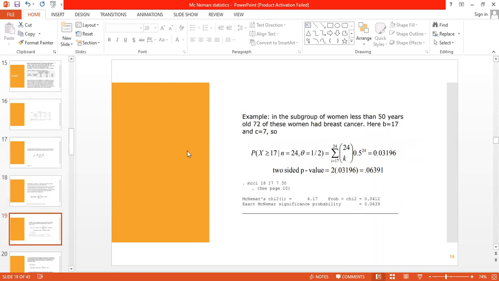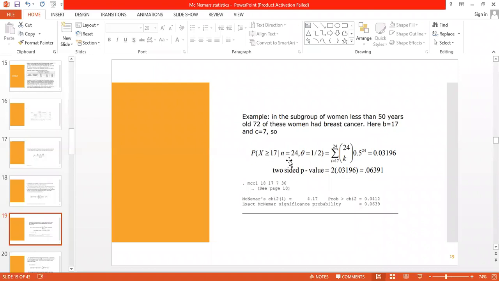In this example, this is shown how we put the values into the exact p-value. For example, in the subgroup of women less than 50 years old, 72 of these women had breast cancer, and in this 2 by 2 table, B equals 17 and C equals 7. So we can use these two values, 17 and 7.